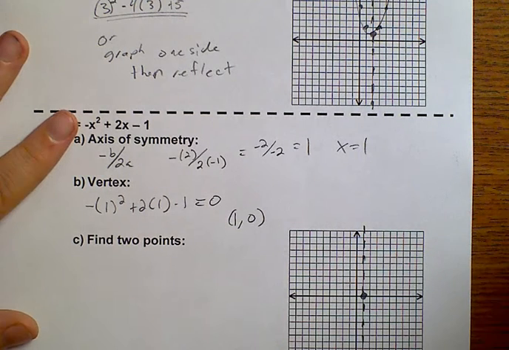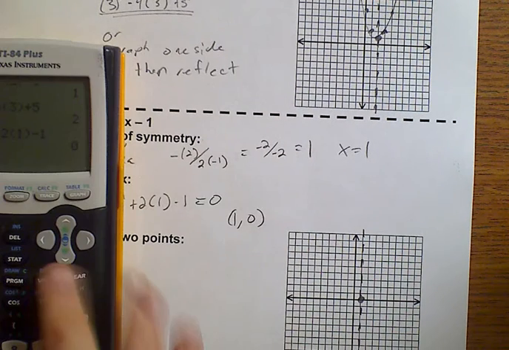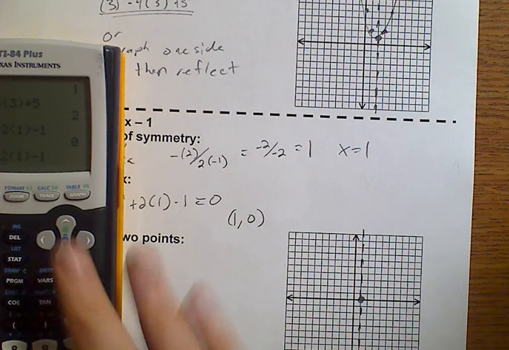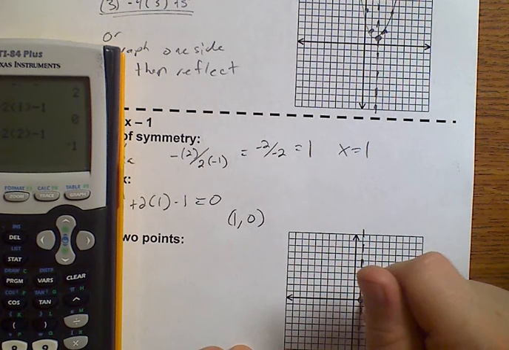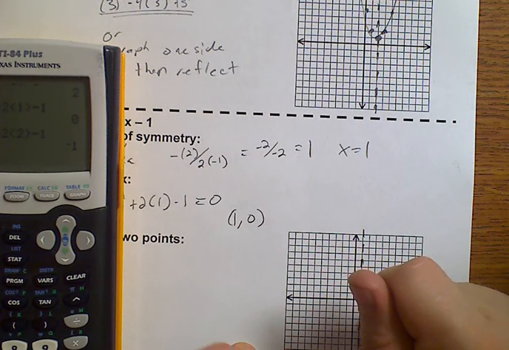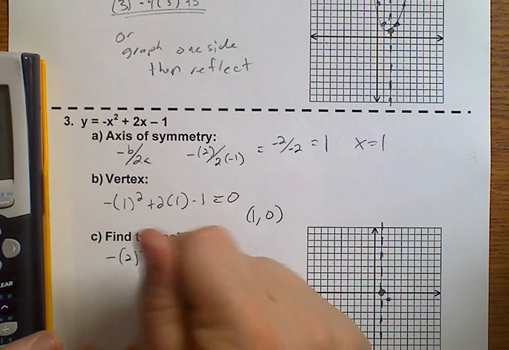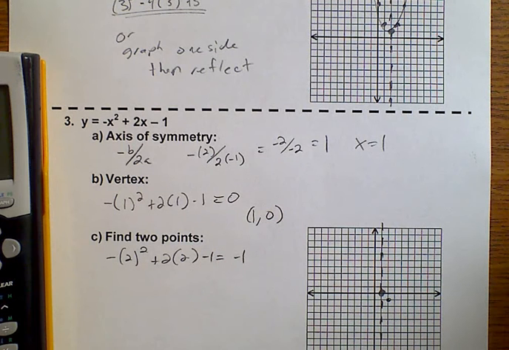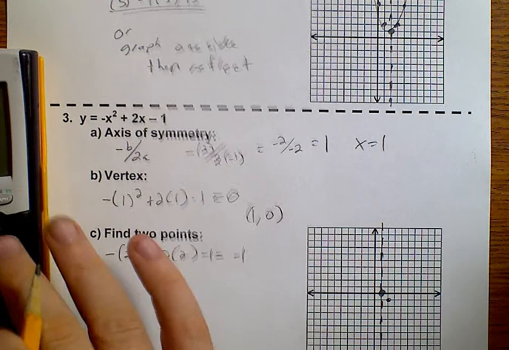I'm going to use my calculator to find 2 points. I'm just going to plug in some different information. Instead of 1, we're going to do 2. And that gives us negative 1. And then I'm going to do 3.